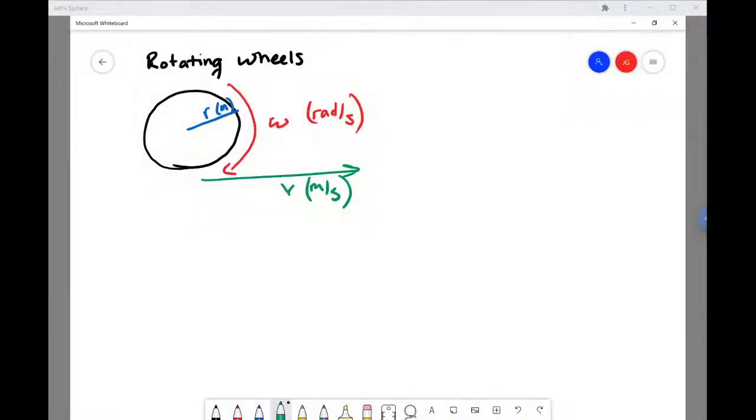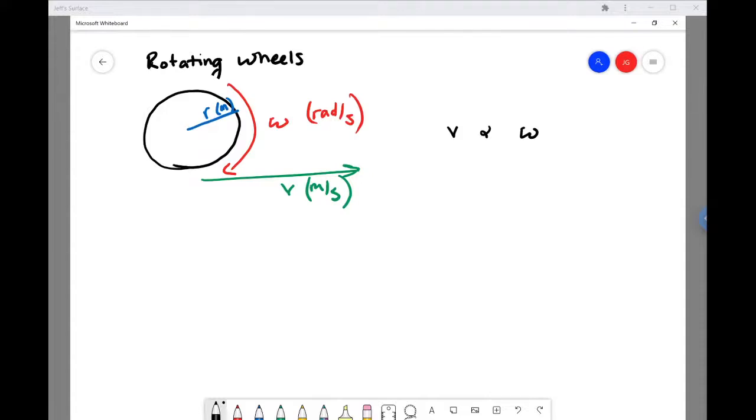All right, so what is the connection between omega and v? What do you say? v is proportional to omega, but how are they exactly connected from last time? Who remembers?